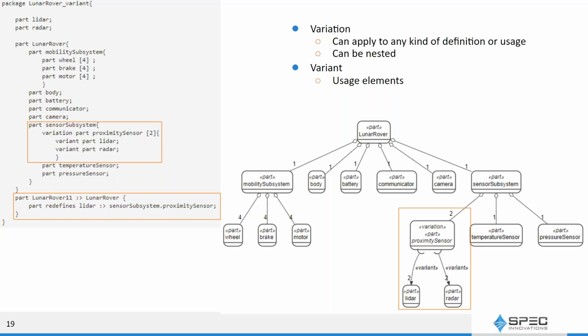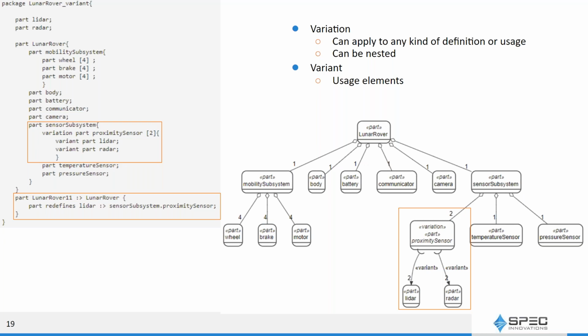So for this example, I used part sensor subsystem, which contains a variation of part proximity sensor. And I defined two variant parts to be LiDAR and radar. So further down, you have part lunar rover 11. So that's the specific lunar rover and is a subset or specialization of the lunar rover itself.